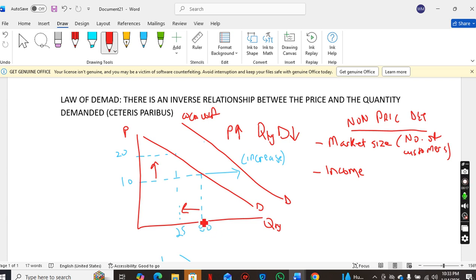Now if the income levels increase in that country, it means people have got more money to buy more Coca-Cola. So what will happen to the demand for Coca-Cola? It is going to increase because the income levels have gone up, so they can buy more Coca-Cola. So income levels increase, you have a shift to the right. Okay. If income levels drop, you have a shift to the left, like our bottom graph here.